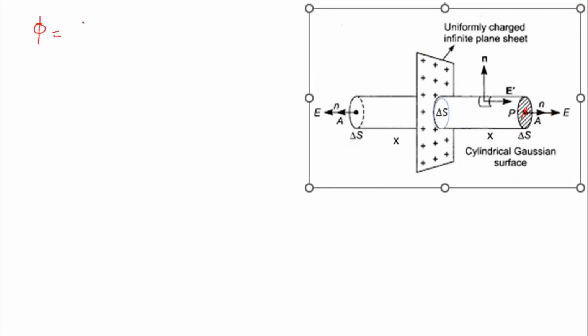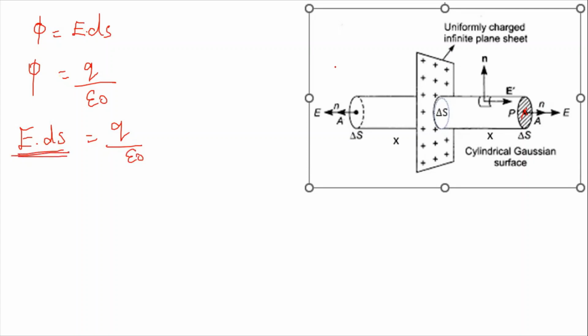So phi is equal to E dot ds. Again, phi is equal to Q by epsilon naught. As earlier, we equate the right hand sides because the left hand sides are equal. E dot ds, you have electric field here and electric field here, so it will be EA plus EA.